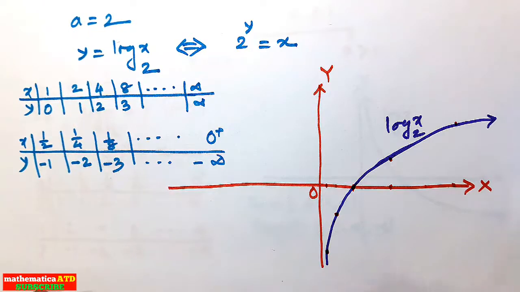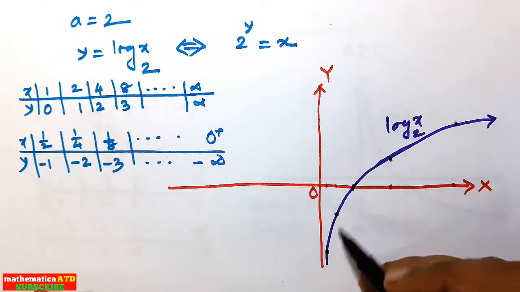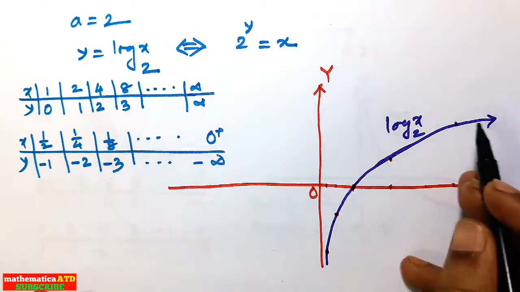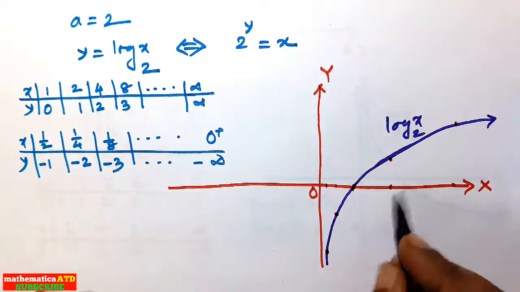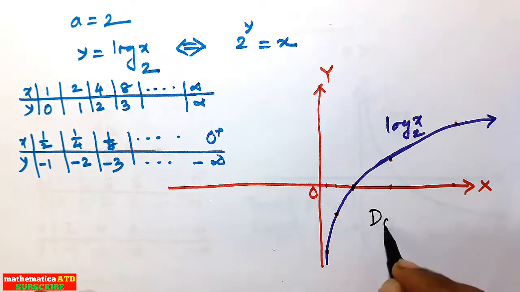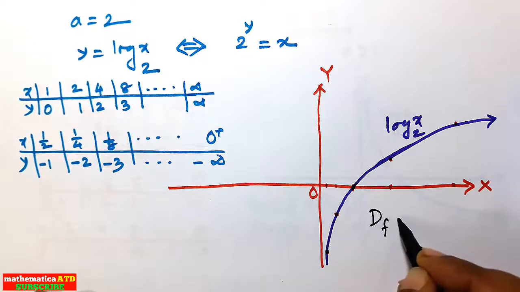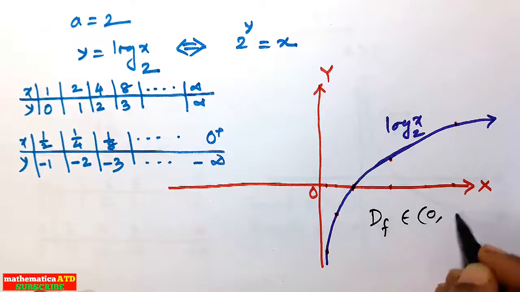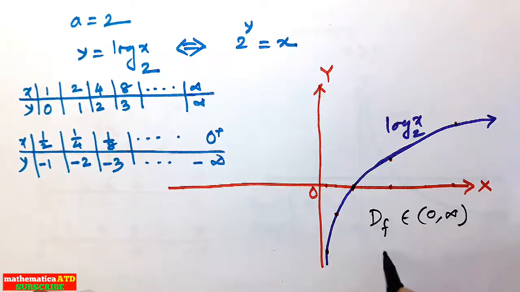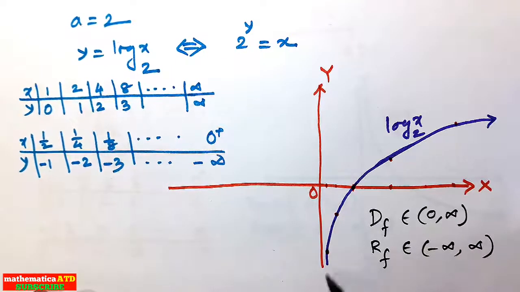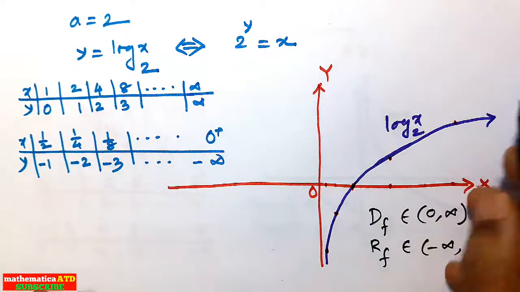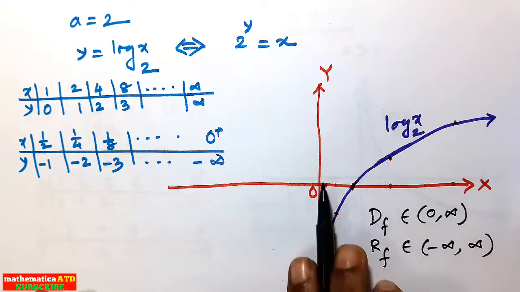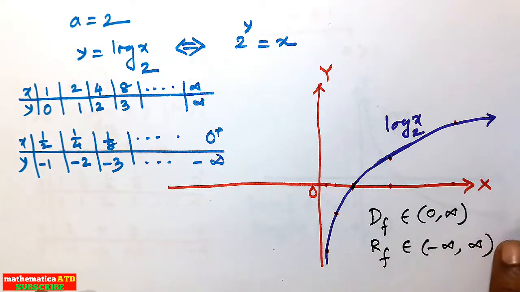Now friends, the curve is gently increasing and going to positive infinity. So the domain of this function belongs to 0 to infinity, and the range of this function belongs to minus infinity to positive infinity.